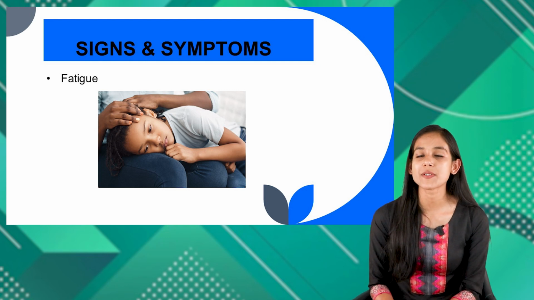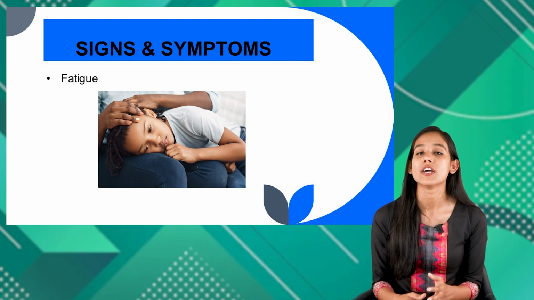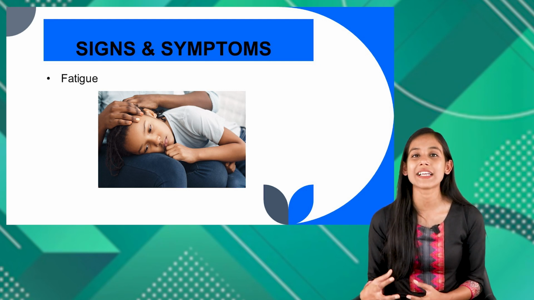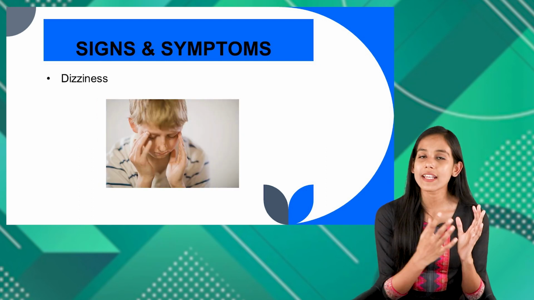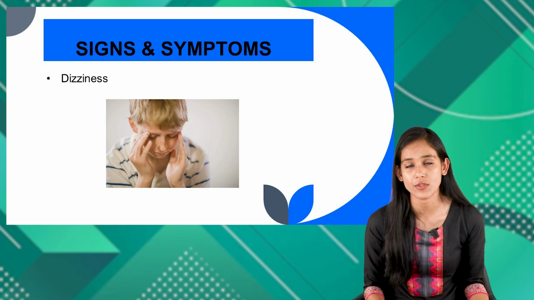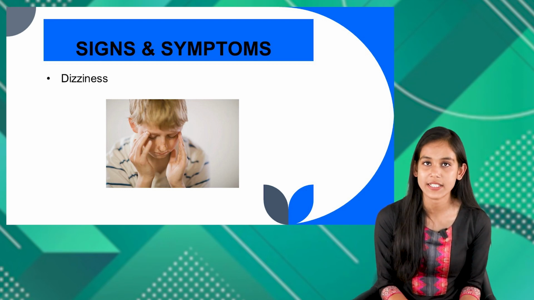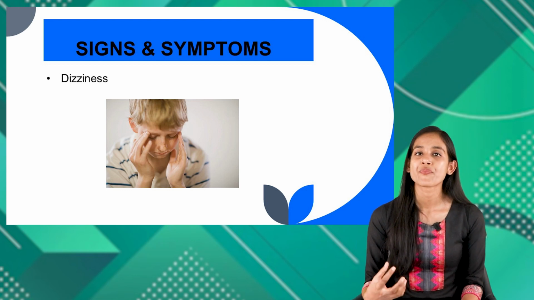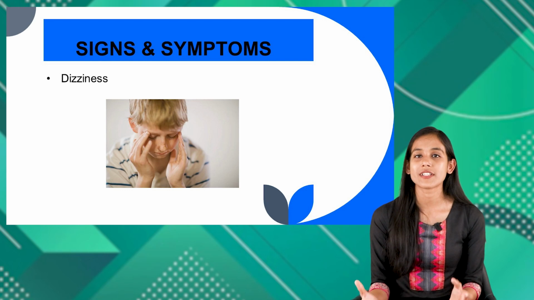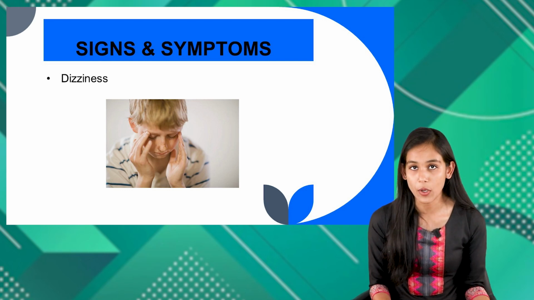Now in signs and symptoms, the first and foremost thing that the child will have would be anemia, because the body will be continuously in an anemic stage. So there is a lack of red blood cells, and there is lack of oxygen also, because if there is a lack of healthy red blood cells, then there is also a lack of healthy, normal hemoglobin, which would carry oxygen to the tissues and the organs.